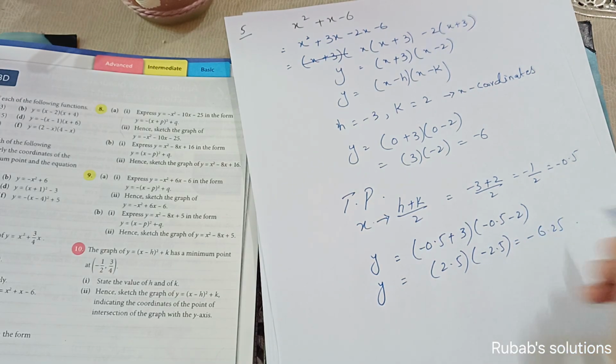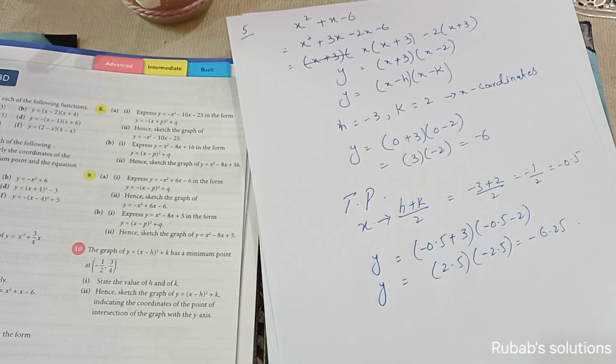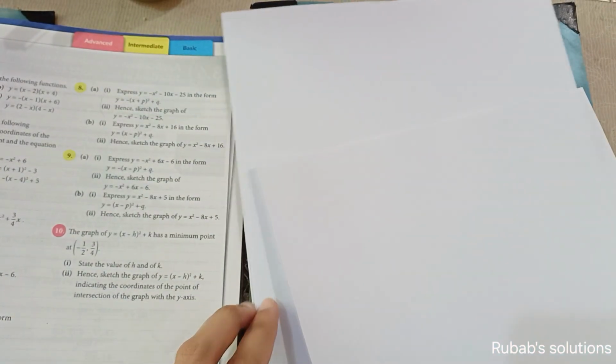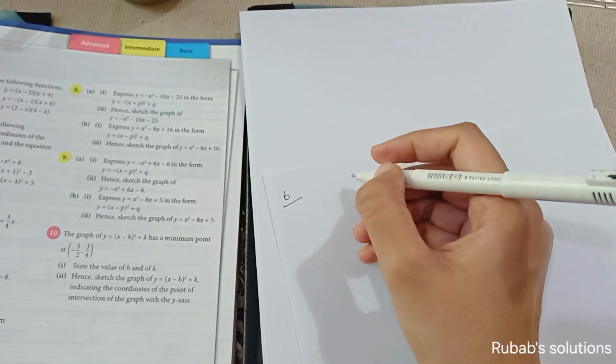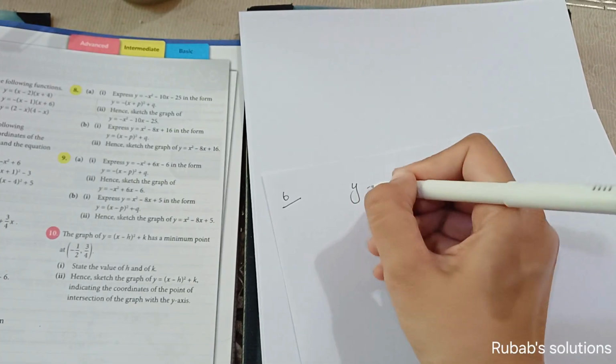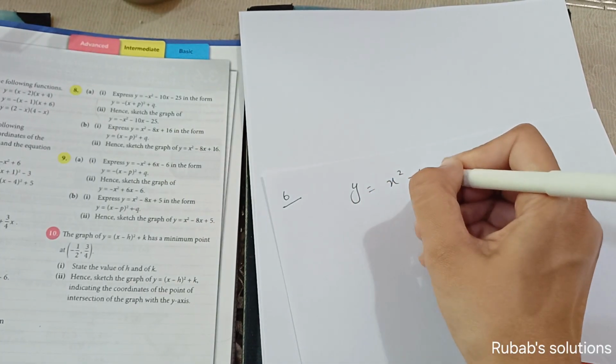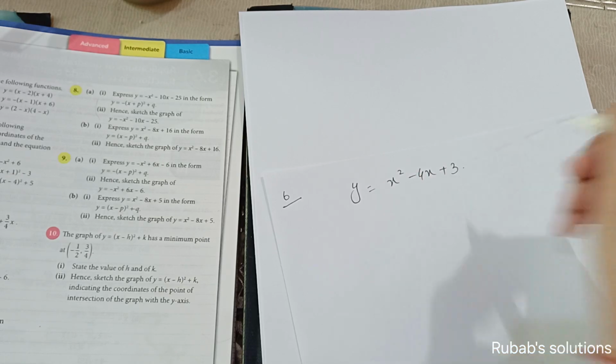Minus 6.25. Okay, moving toward the next question, that is question number 6. Question number 6 is y is equal to x square minus 4x plus 3.